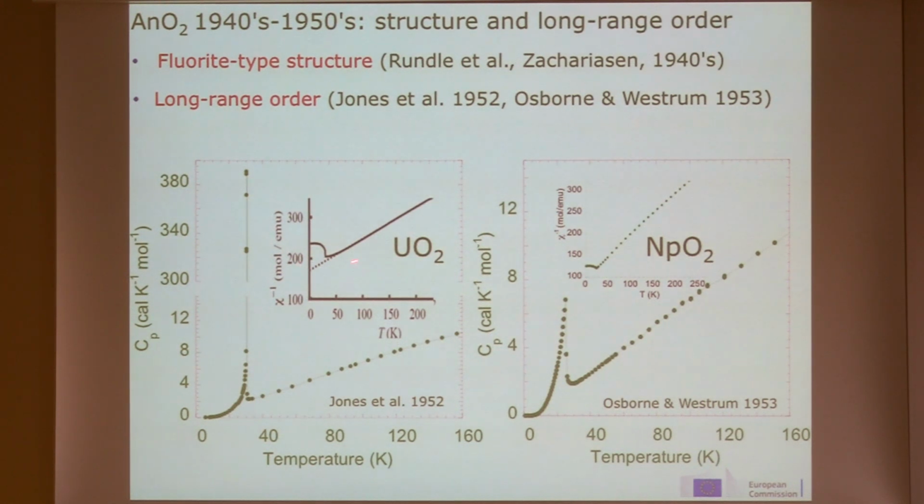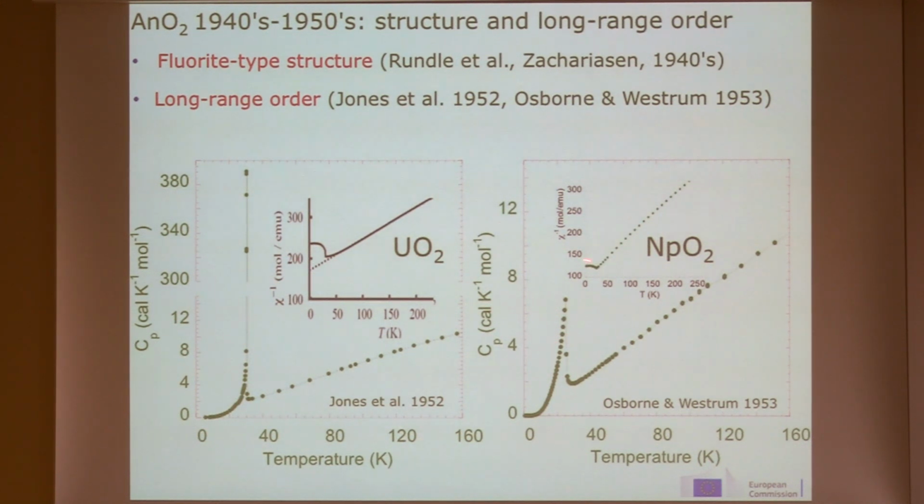With the first-order phase transition, you see an anomaly in the magnetic susceptibility, and this was interpreted as the occurrence of an antiferromagnetic order. Similar observations were obtained in neptunium dioxide. The transition temperature is a little lower, 25 Kelvin compared to 31 in UO2, but the transition is second order in this case.